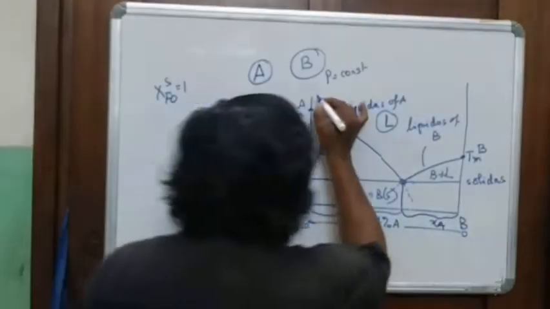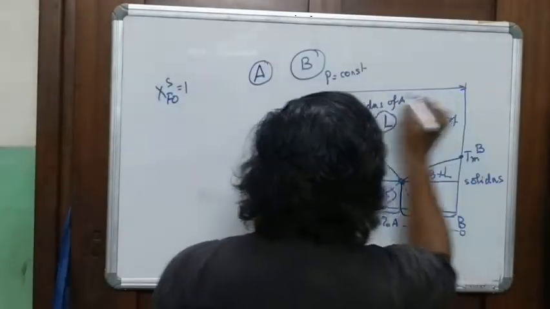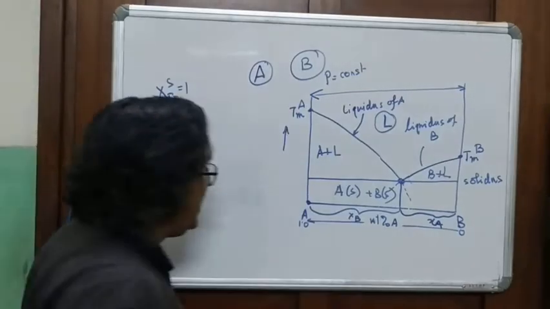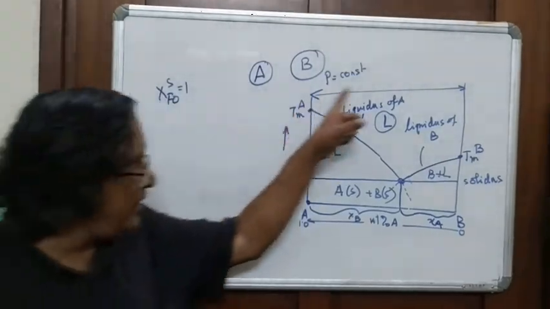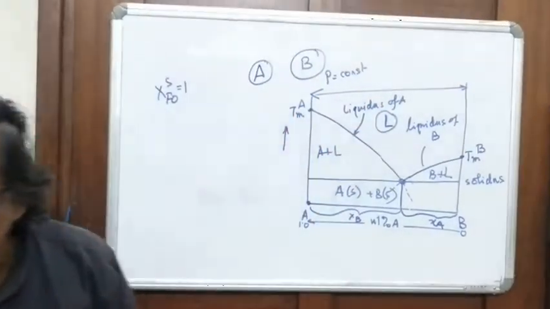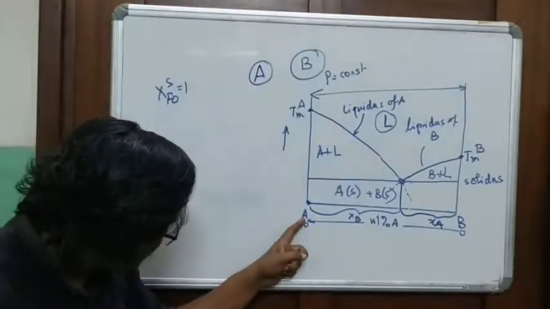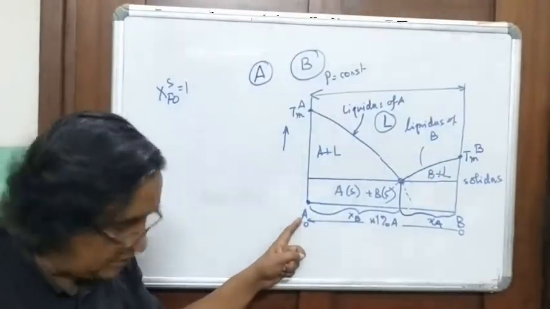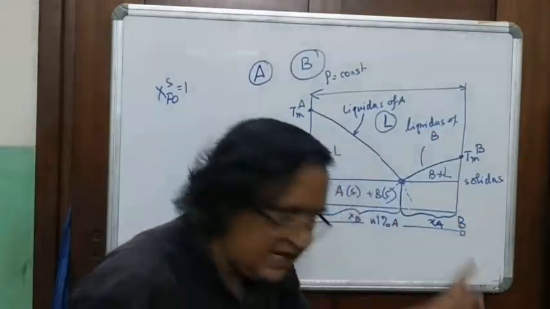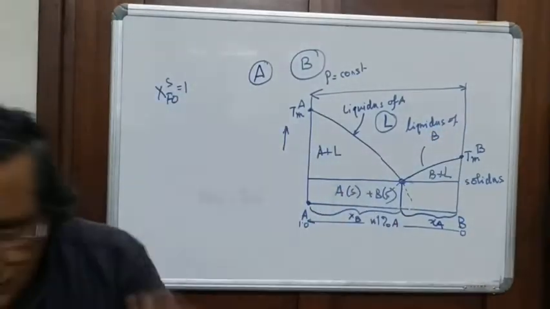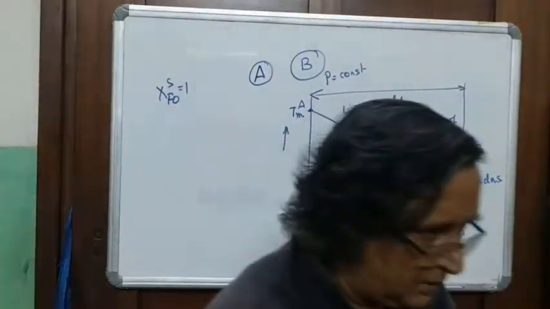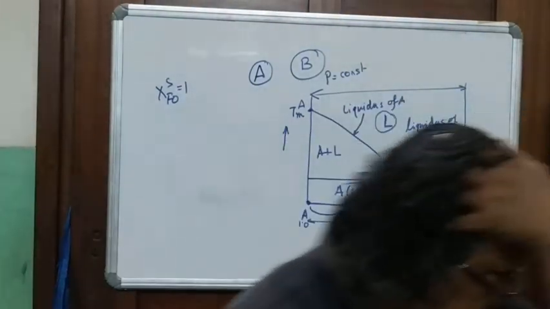So the composition of the liquid varies between A and B. But the composition of pure A is stuck at this point, XA equal to 1.0. And for this, it's XB equal to 1.0. These are the pure minerals that will crystallize.